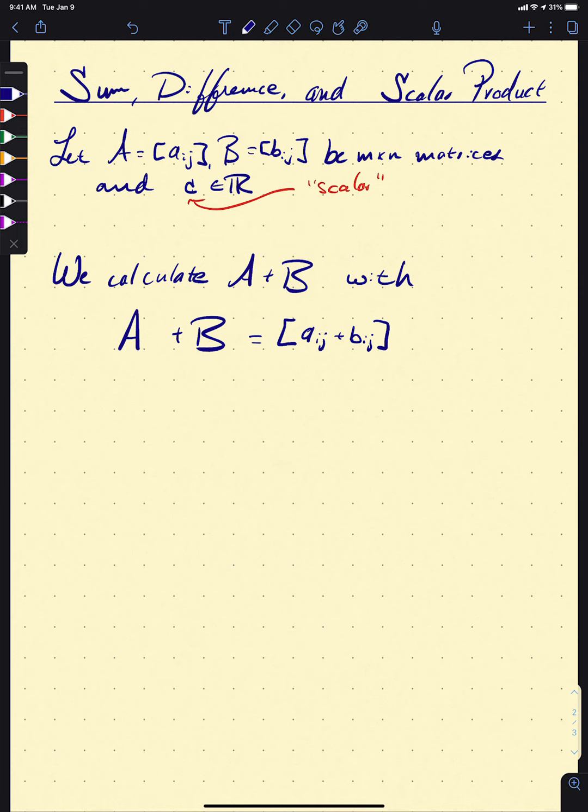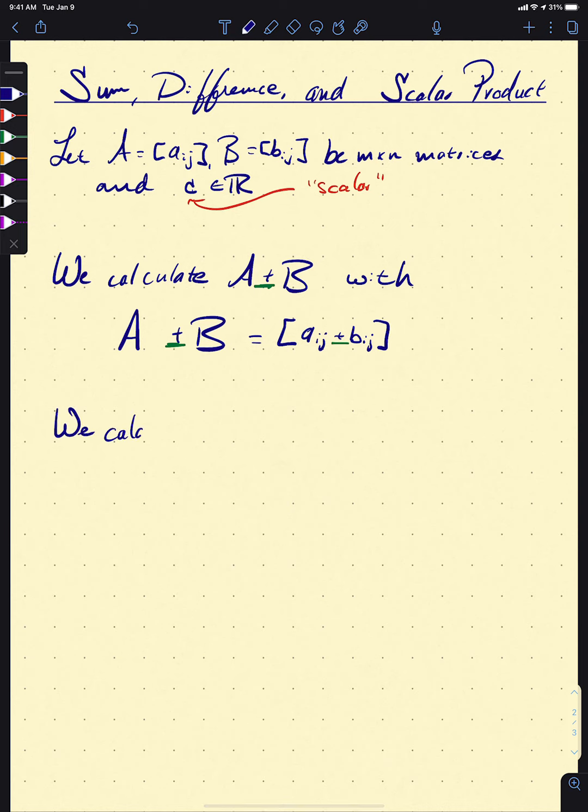In the 3, 5 entry of A plus B, you add the 3, 5 entry from A to the 3, 5 entry from B. It follows exactly how you'd think. If you want to subtract A minus B, you do it element by element. That's the really nice thing about these sums and differences, is they're all done element by element, okay?